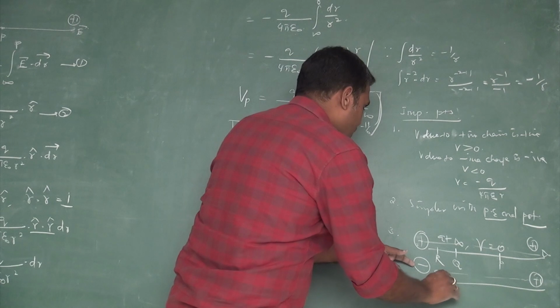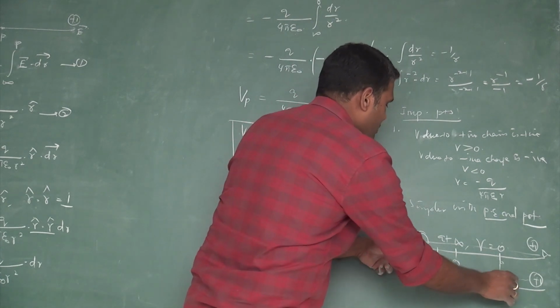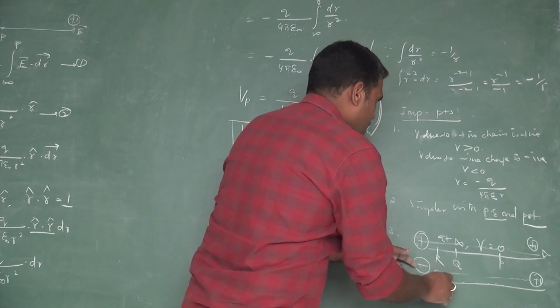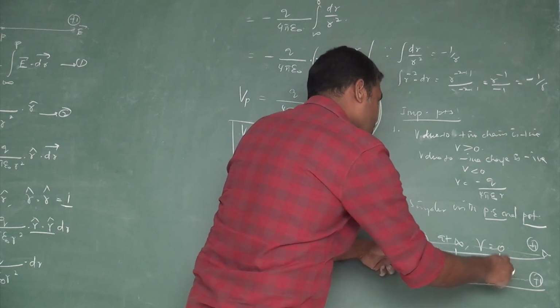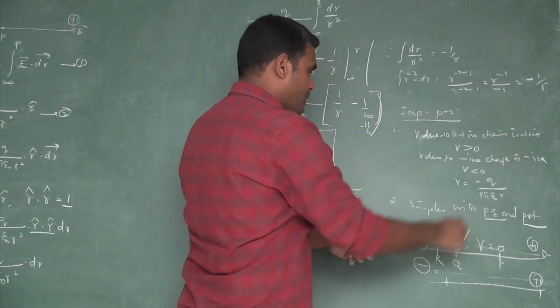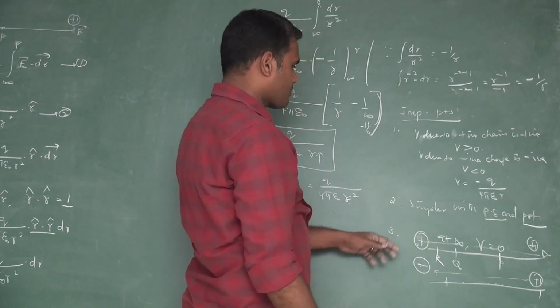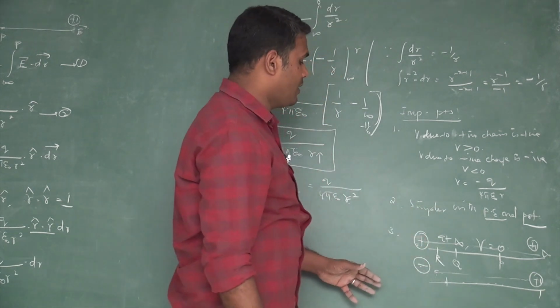So at this point, the amount of work done is more. As you move away from this negative charge, the amount of work done keeps on increasing. So the potential will be more at infinity, and at close points the potential will be less. So this is how we have to explain.